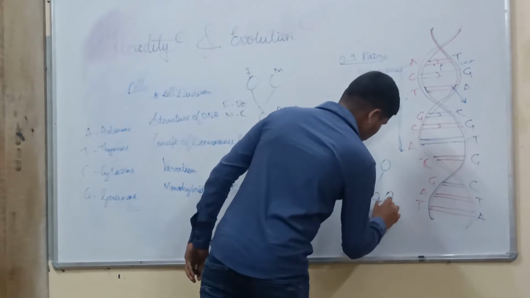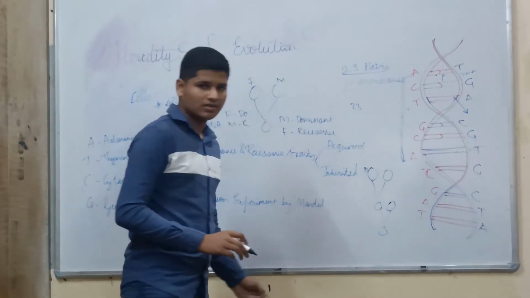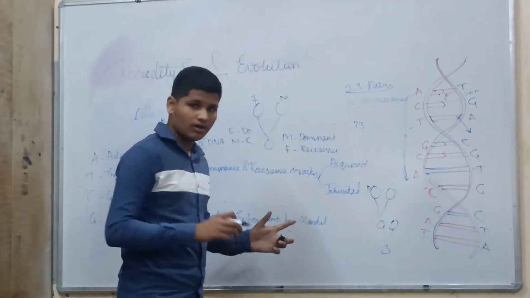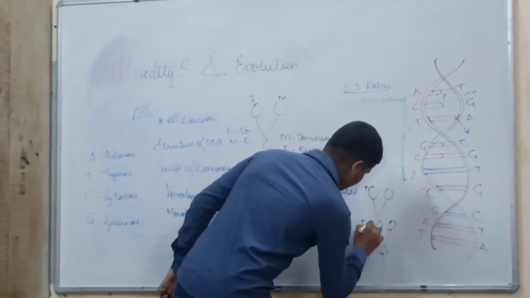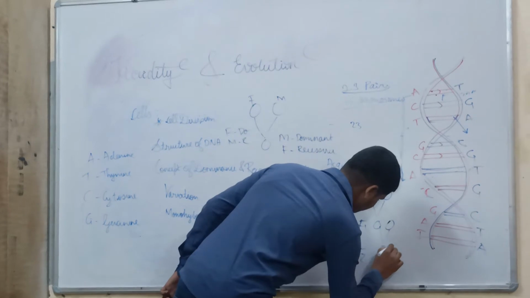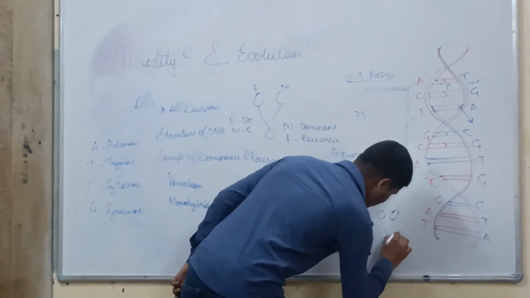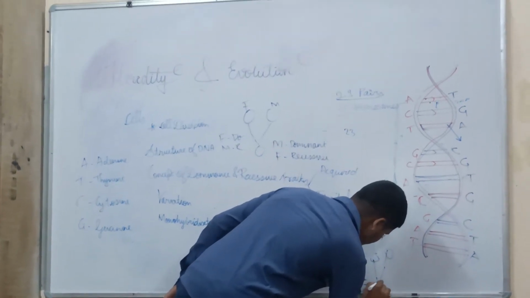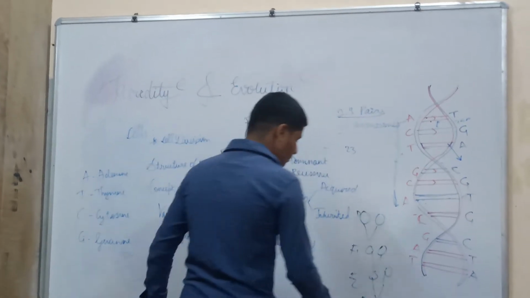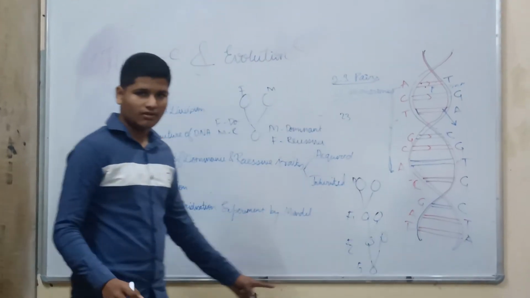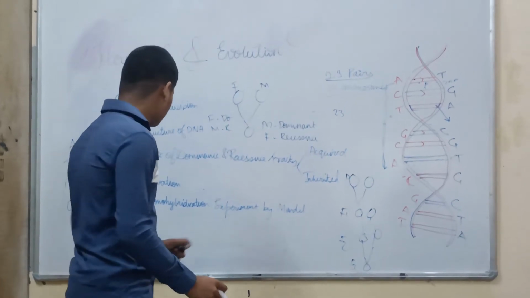Luckily, another generation also reproduces and turns out normal. But there are also chances that in the upcoming generations, this is F1 and this is F2, the F3 generation will suffer from Parkinson's disease. There are most probable chances that the F3 generation will suffer from it.